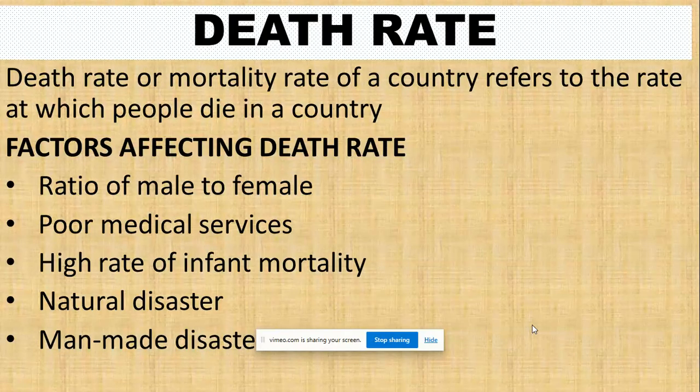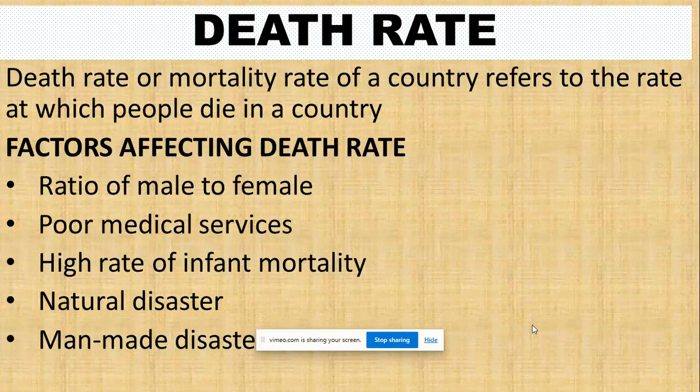So it will lead to death, and as a result, it will increase the death rate of the country. High rate of infant mortality, that is a big one. It can lead to a high death rate in a particular country. Then natural disasters such as earthquake, fire disaster, water disaster, and so on and so forth.